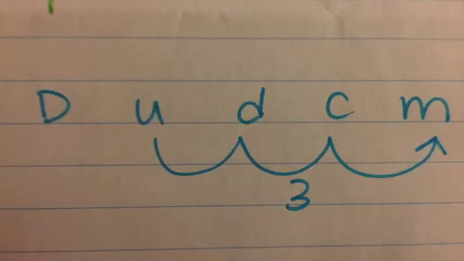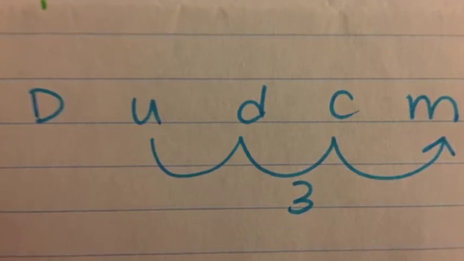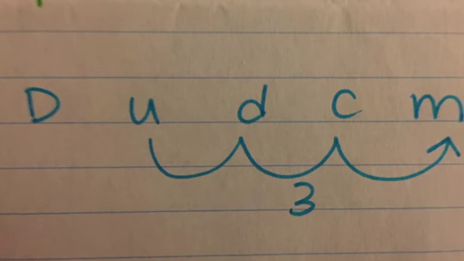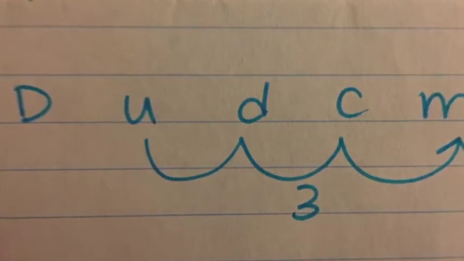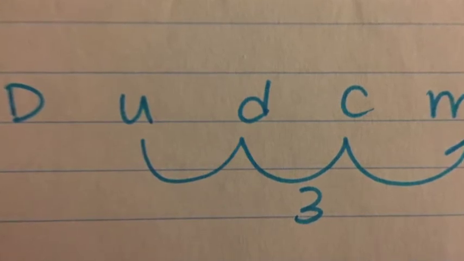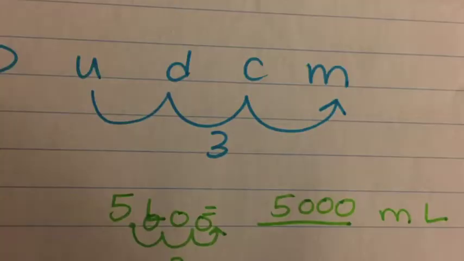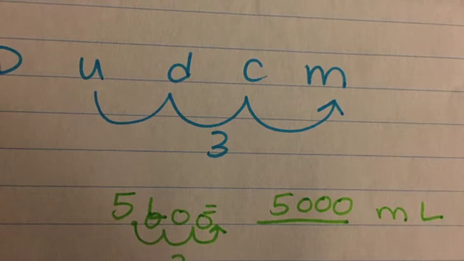Number 15 is 5 liters equals how many milliliters? So we're going from liters, our base unit, to milliliters, the M on our King Henry abbreviations. So we are going to the right 3 spaces. Looking at the numbers, 5 liters, the decimal place is after the 5.